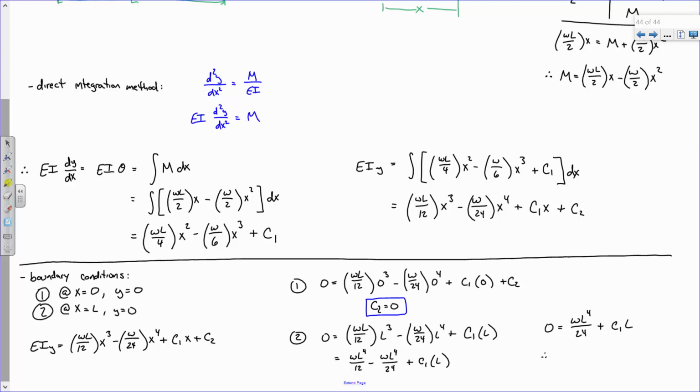I propose then that C1 is minus WL to the third over 24. Now how did I get that? If I divide everything by L, then subtract it over, right? There you go. So there's C1, there's C2. There you go.